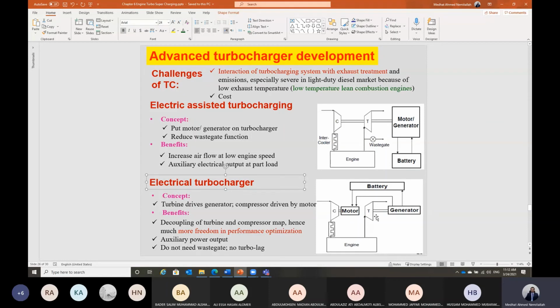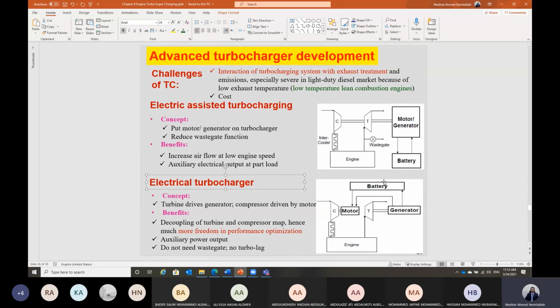So we can improve the design a little bit more. We can just get rid of this wastegate, and the turbine will not be connected to the compressor at all. The turbine will just take the exhaust gas from the engine, generate shaft power, and this shaft power will be connected to an electric generator to generate electrical power.